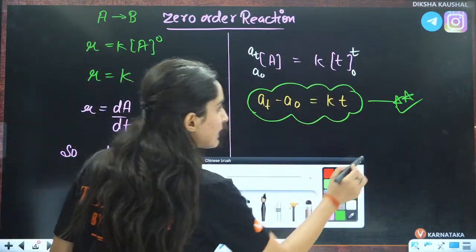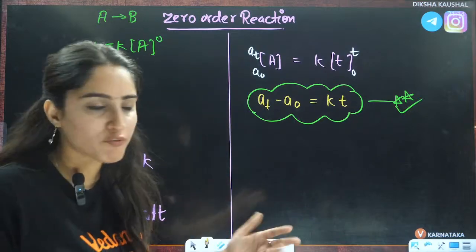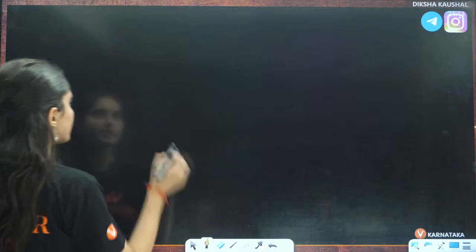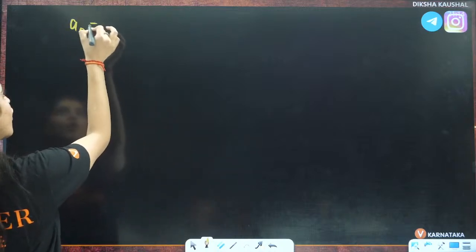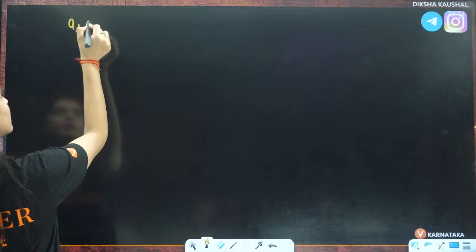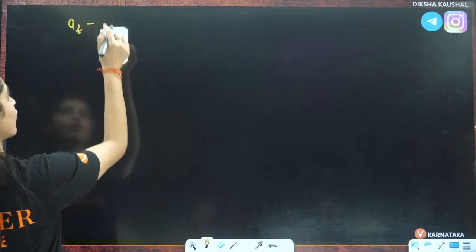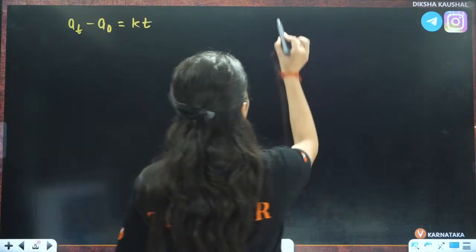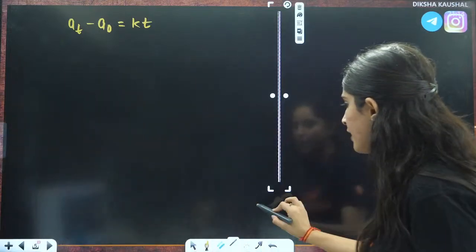Second thing is, they can ask you the graphs of this. How can we answer the graphs here? For example, here AT minus A0 equals to Kt.